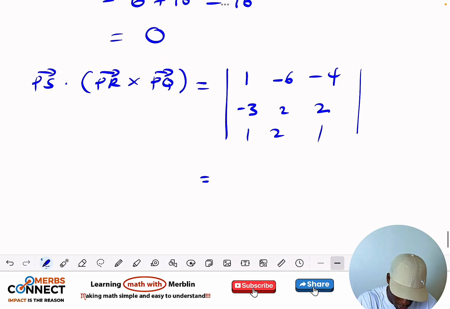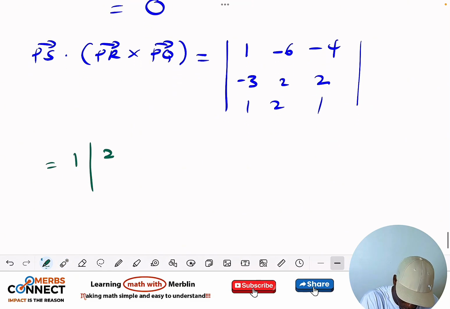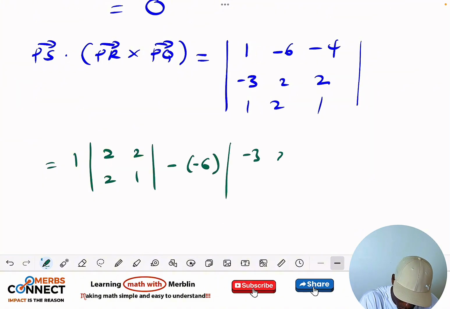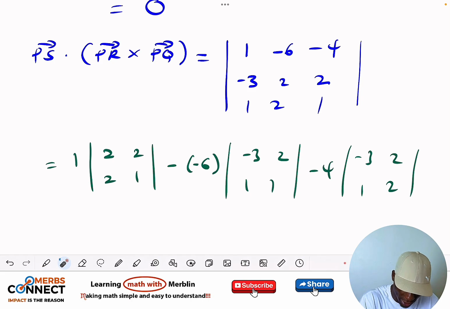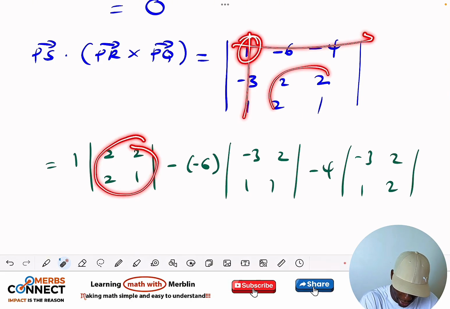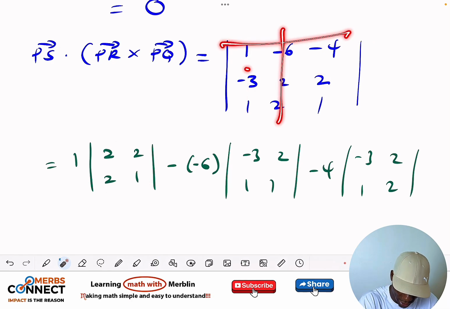So this is going to be 1. So the same thing. Pick 1, 1. Then we're going to have 2, 2, 2, 1 minus 6 minus 3, 2, 1, 1 minus 4 minus 3, 2, 1, 2. So same thing. Maintain this, cancel this. You have what is here. Cancel this and this. You have this here, and then cancel this.